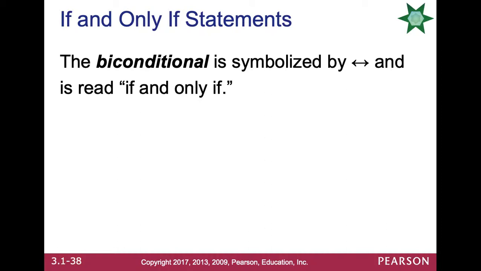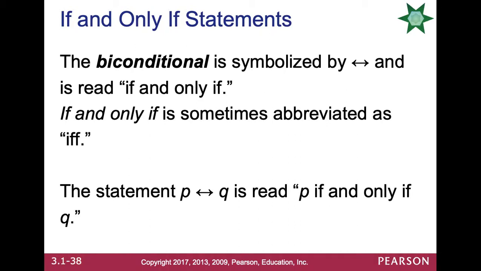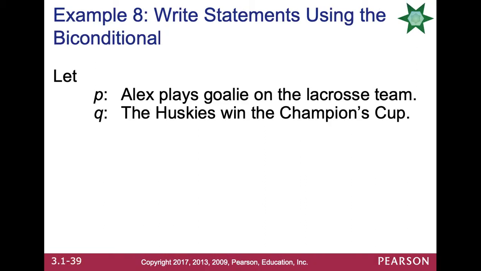A biconditional statement is symbolized by a double-headed arrow and is read as if and only if. So, if and only if is sometimes abbreviated as IFF. You've probably seen me do that in class a couple of times. So the statement P double arrow Q is read P if and only if Q. So here is an example.